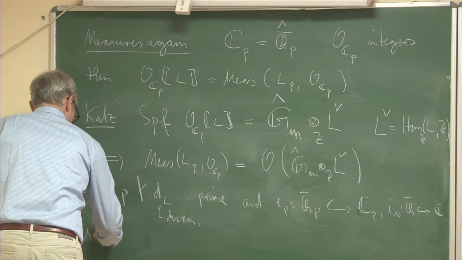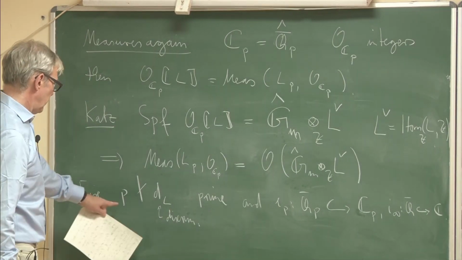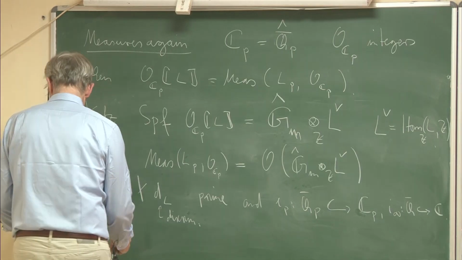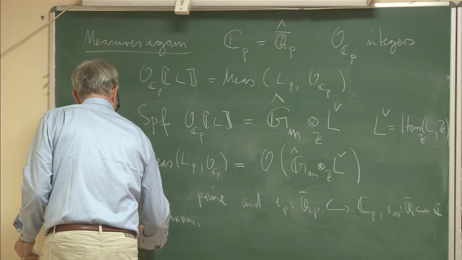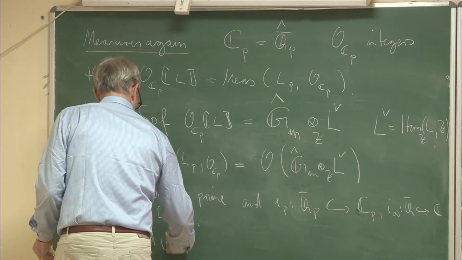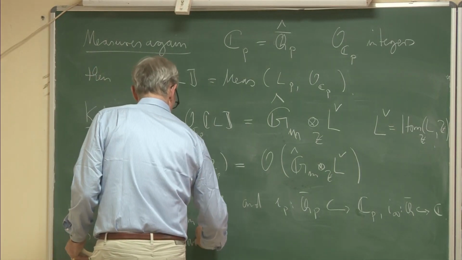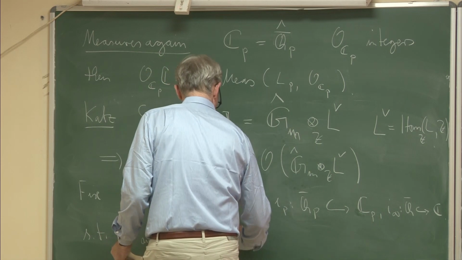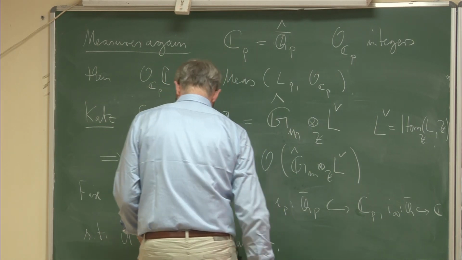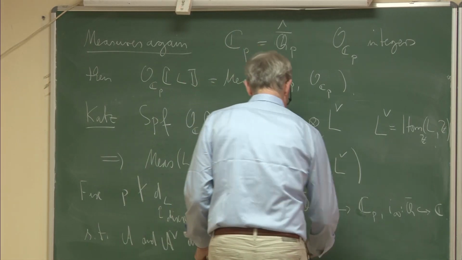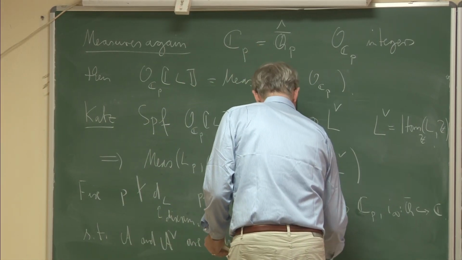But now comes the ordinary condition. We need that prime to be ordinary for A, such that A and A dual are ordinary at p.